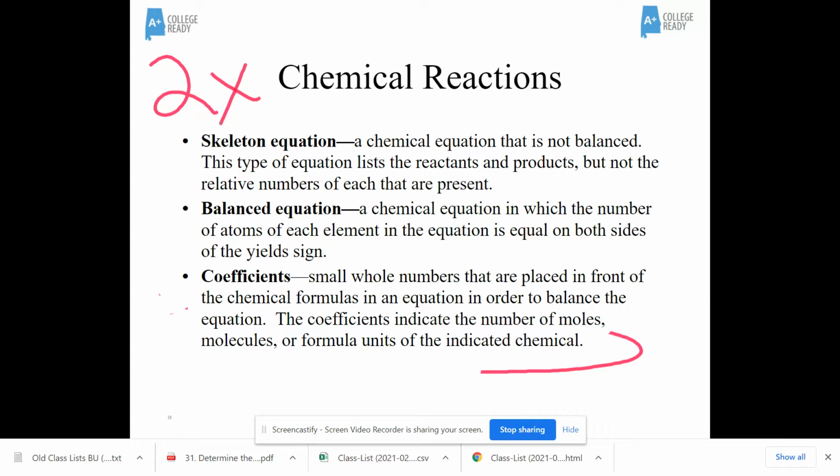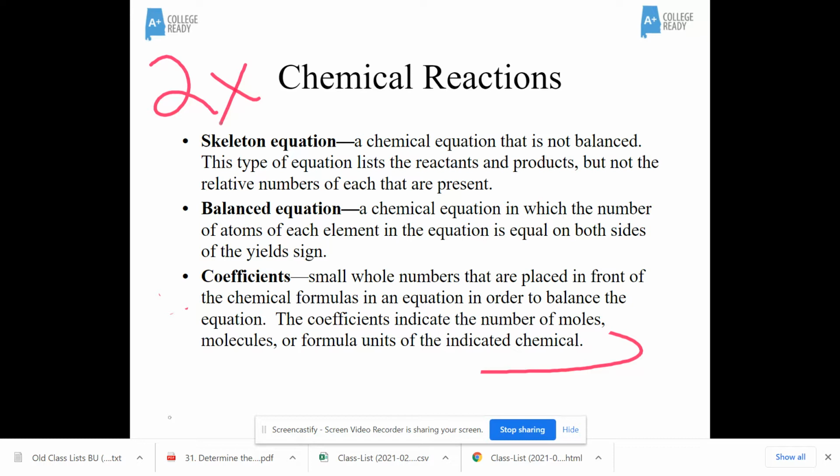It means 2 times whatever x is. What do we call that 2? It's called a coefficient.